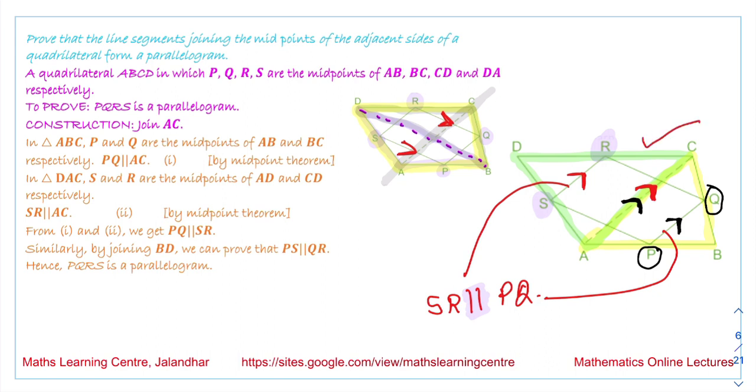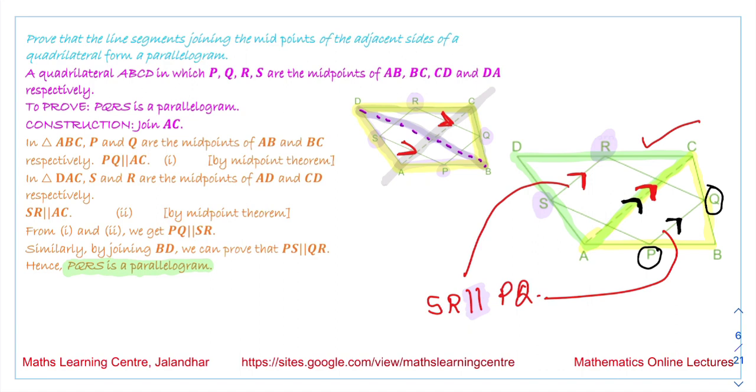From the first part, SR and PQ are parallel. From the second part, SP and RQ are parallel. So by combining these results, we get that PQRS is a parallelogram.